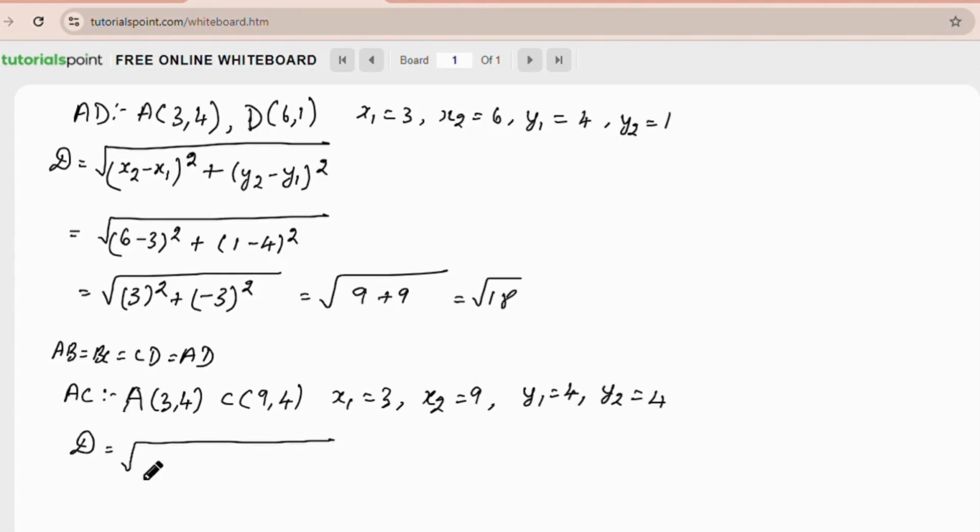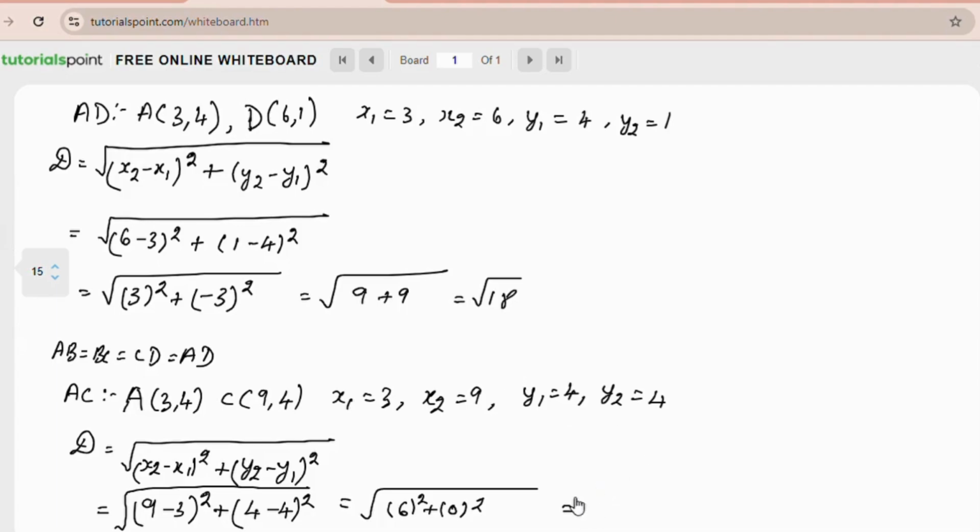So root of x2 minus x1 square plus y2 minus y1 square, which is root of 9 minus 3 square plus 4 minus 4 square, which is root of 6 square, equals root of 36, which is equal to 6.